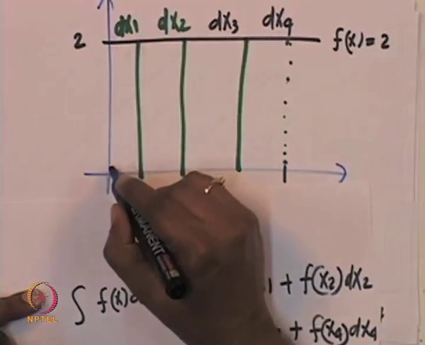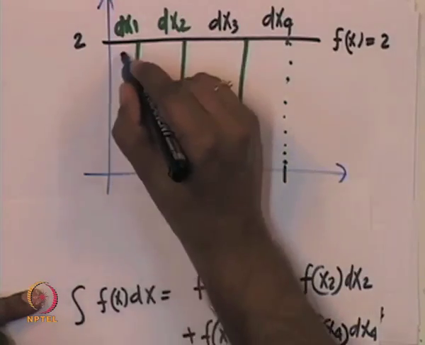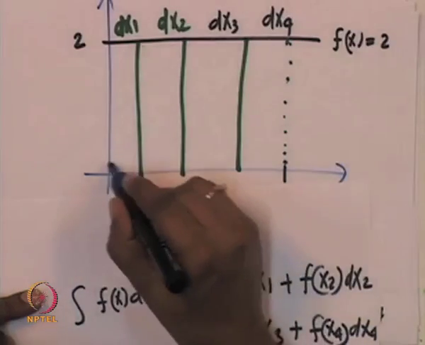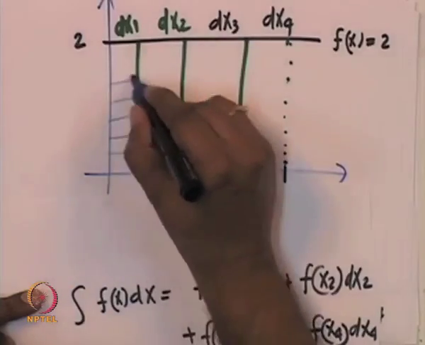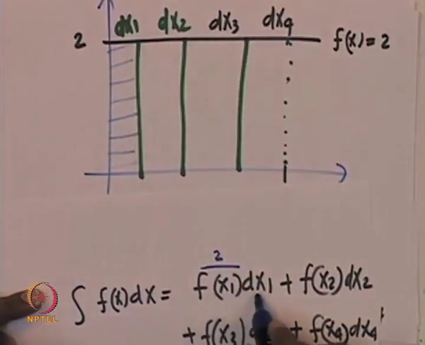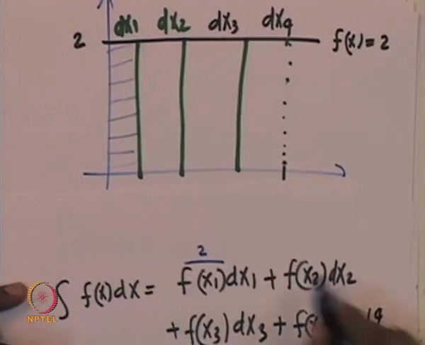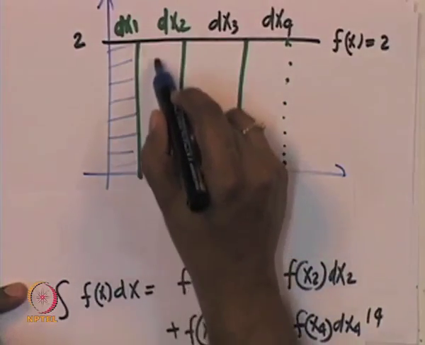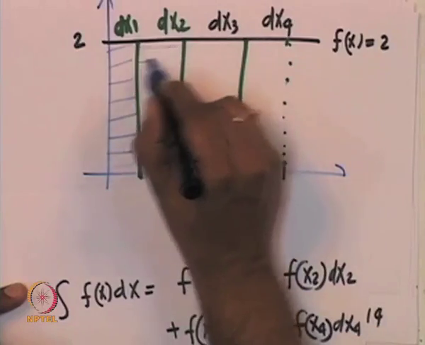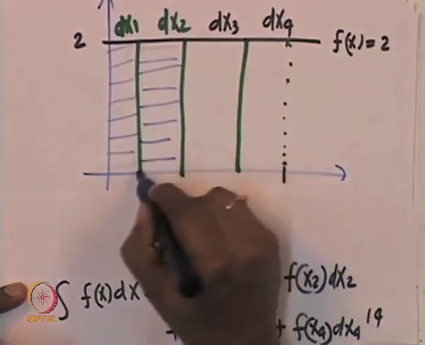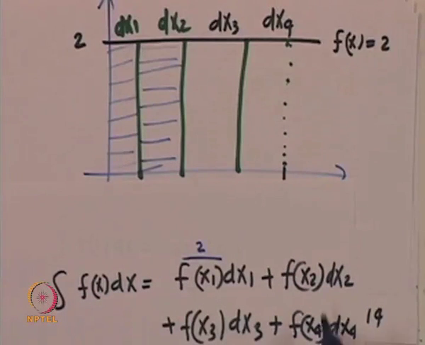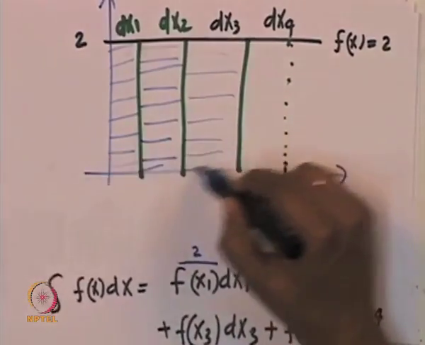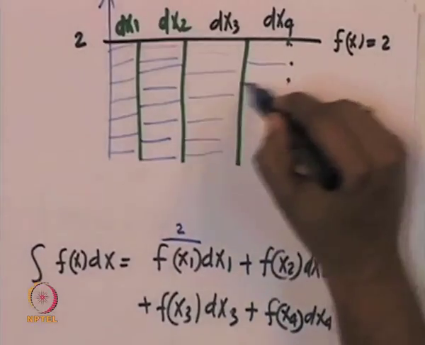Basically, what we are calculating is height into width, the area of this box. F of x2 into dx2, dx2 is this width and f of x2 is this height, which is 2. The second term is the area of this box, the third term is the area of the third box, and the fourth term is the area of this fourth box.